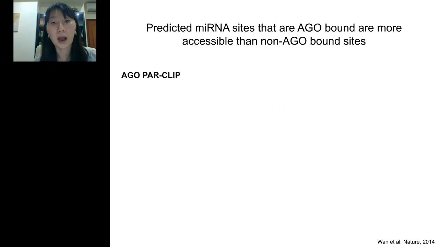And then similarly now, we can begin to look at microRNA binding sites and see if there are any structural features that represent real microRNA binding sites, as opposed to falsely predicted microRNA sites.